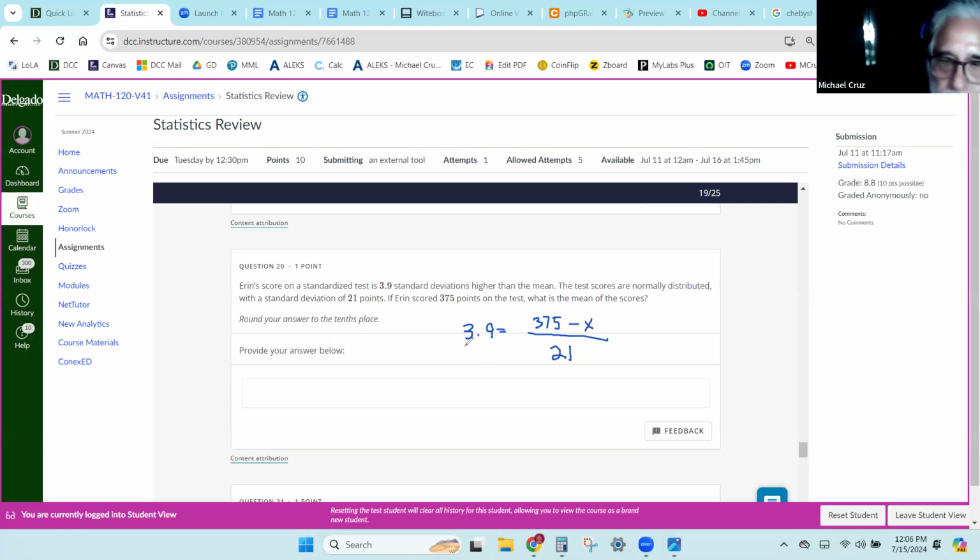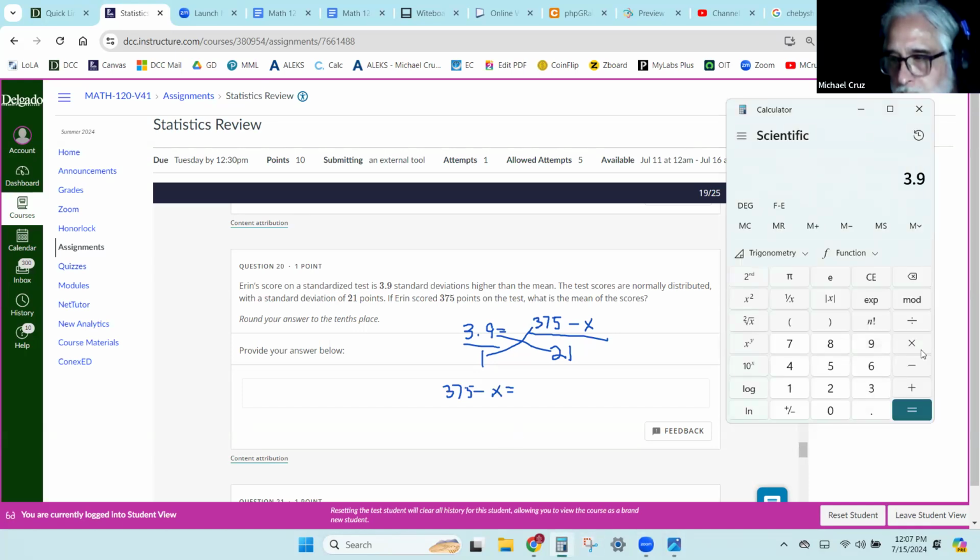So again, the best way to handle this is just like two proportions. So that means we can cross multiply. So 1 times 375 minus x is just 375 minus x, because multiplying by 1 doesn't change it. And then here, 81.9.